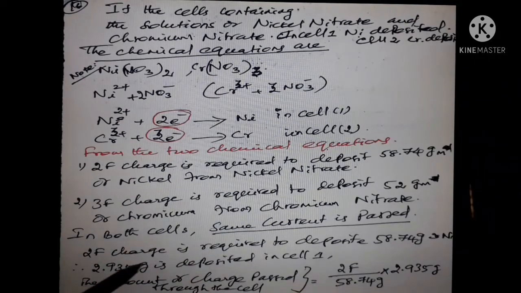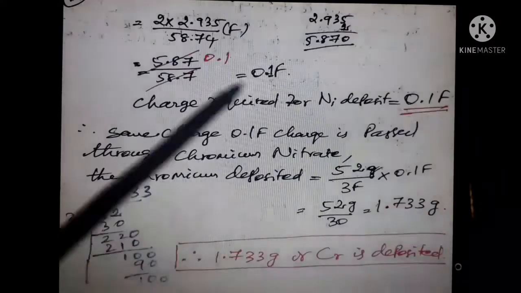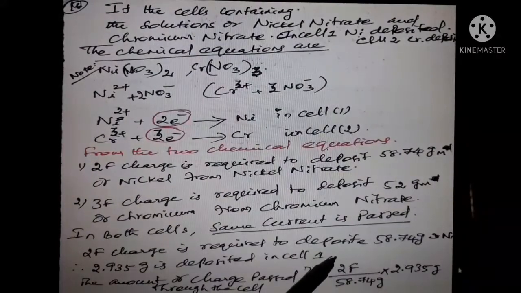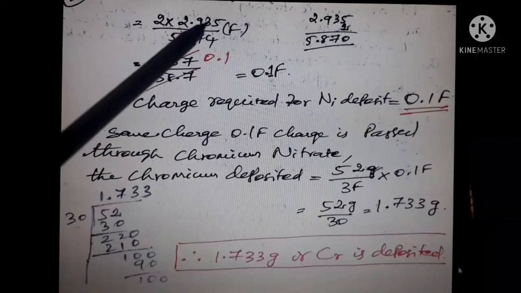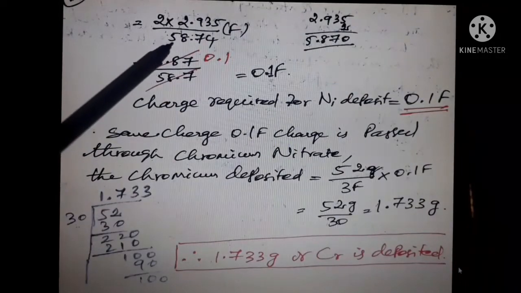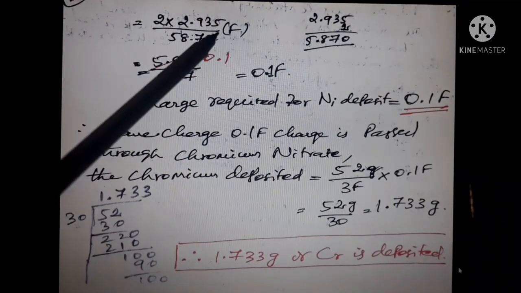So 2.935 grams is deposited in cell 1. I want to find the amount of charge passed through the cell: how many grams of nickel are deposited? 2 Faraday divided by 58.74 into 2.935 grams.